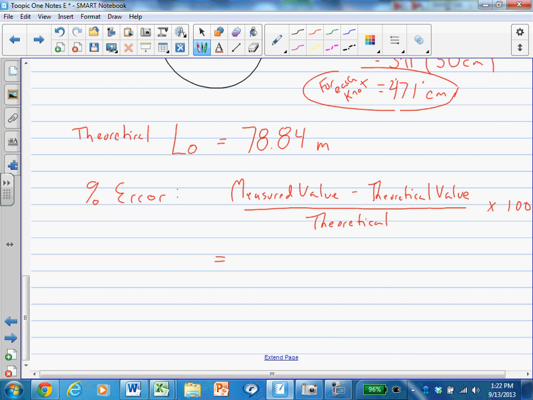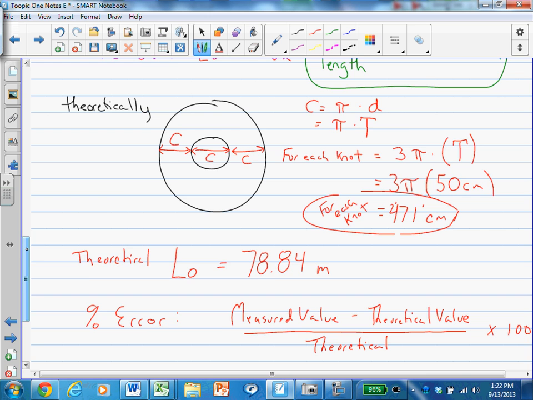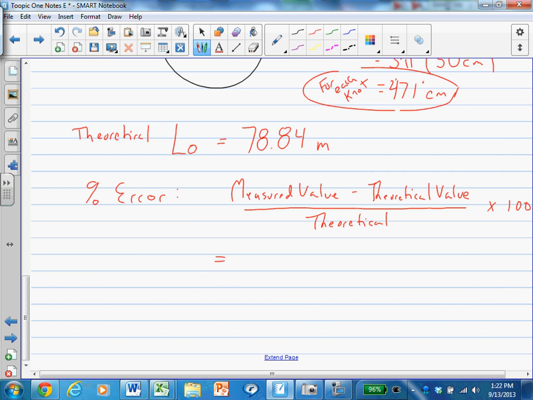We got 73.68 meters. So this is 73.68. Theoretical was 78.84, divided by 78.84, times 100, equals 6 point.